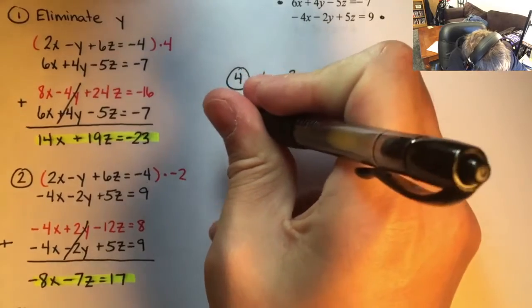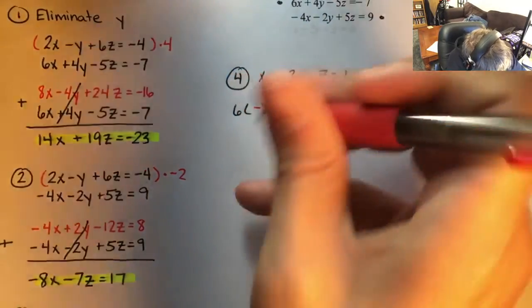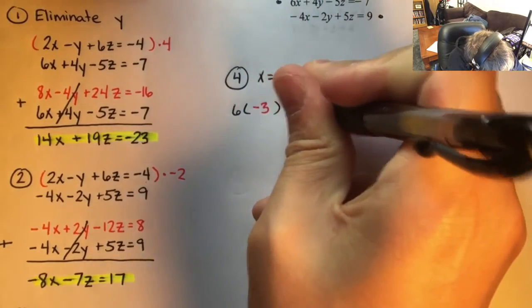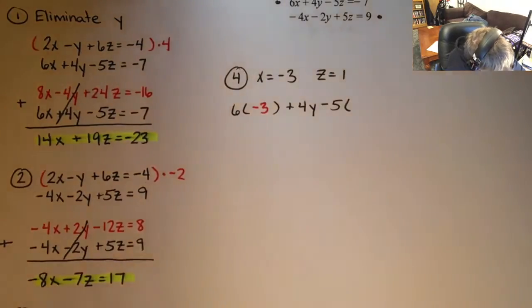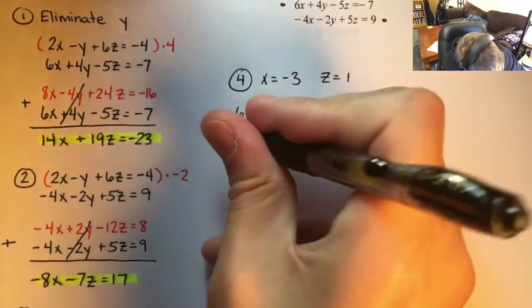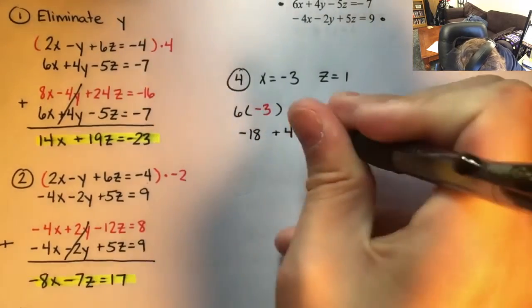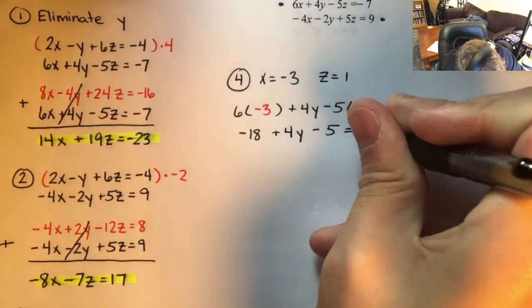Then I'm going to go 6 times negative 3 plus 4y minus 5 times 1, and that will be equal to negative 7. So this is negative 18 plus 4y minus 5 is equal to negative 7.